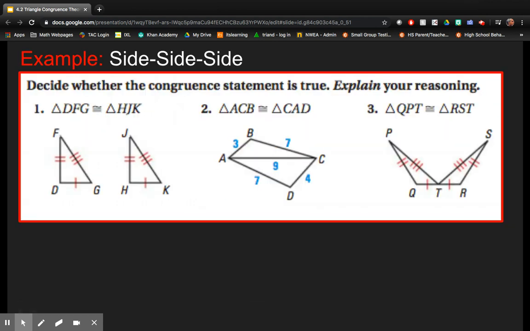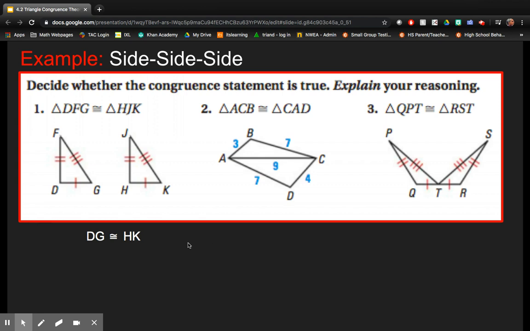It says, decide whether the congruence statement is true, and then explain your reasoning. First congruence statement says that triangle DFG is congruent to triangle HJK. So the first thing I note is that DG is congruent to HK.